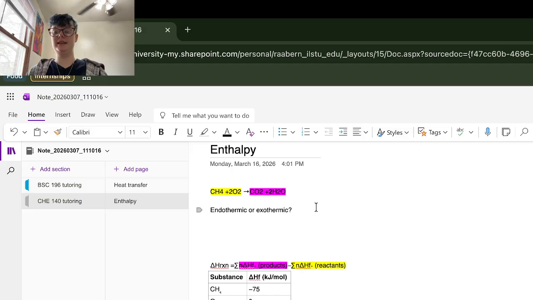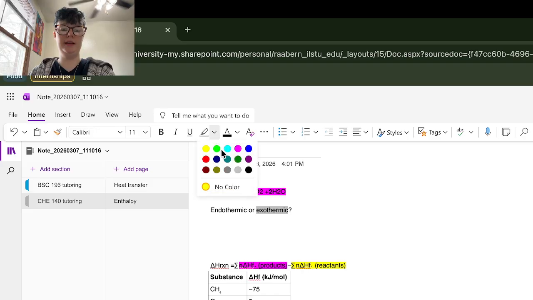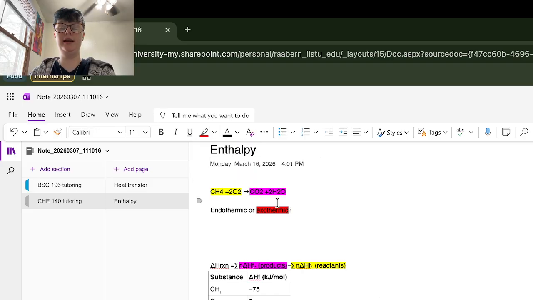However, like I said, the question's technically asking, is it endothermic or exothermic? The answer here is going to be exothermic, and the reason is because of this negative sign here. Basically, if delta H is negative, that means it is releasing the energy. If it's positive, it's absorbing.